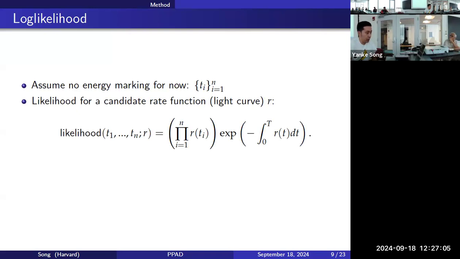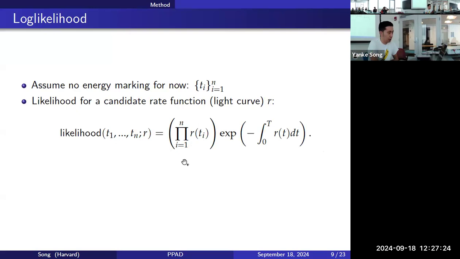This result is actually pretty standard. Suppose we have a real light curve R, then the likelihood of observing this set of event file given the true light curve is given by this formula. We have a first term, which is just a product of the light curve values at those arrival times.